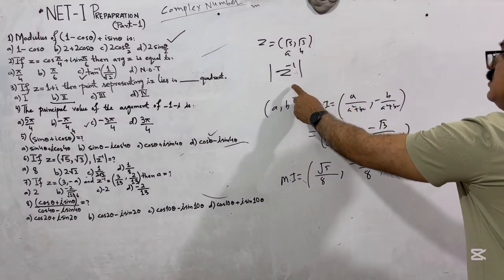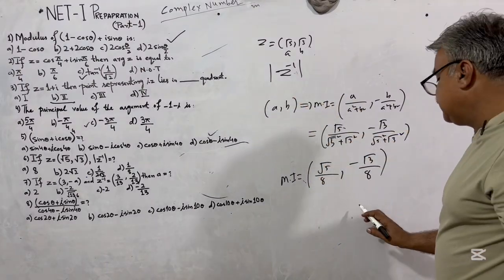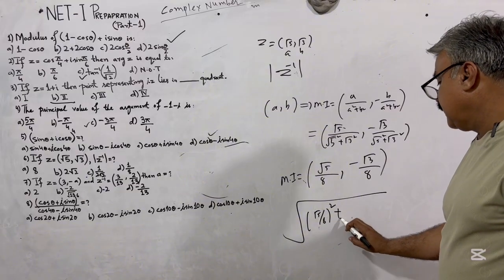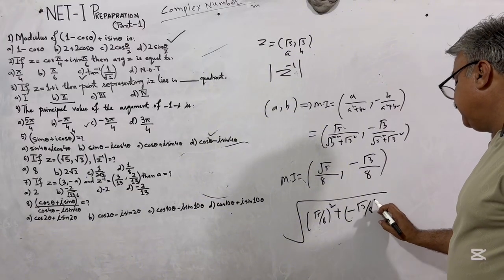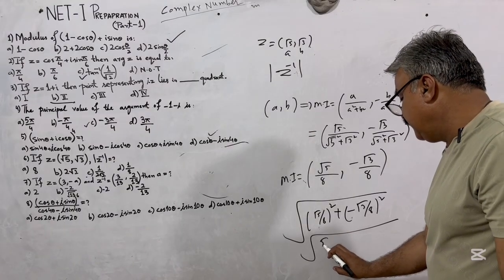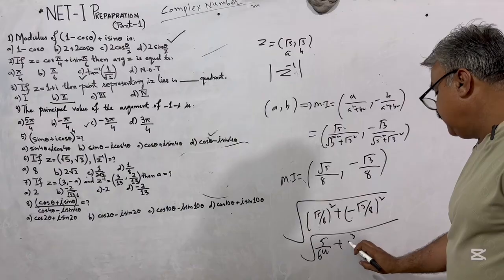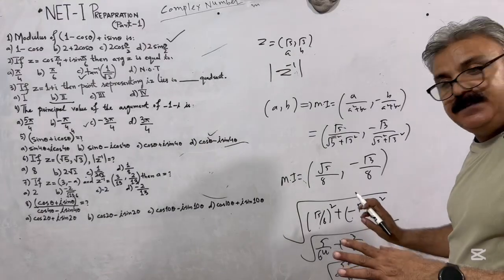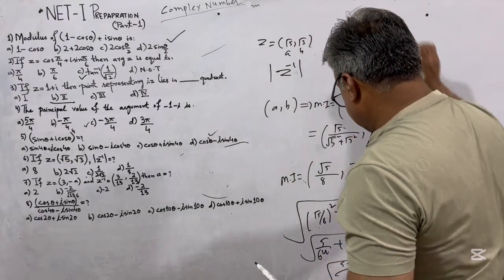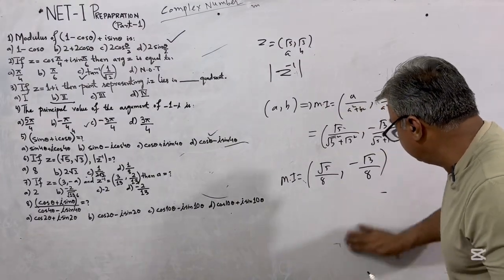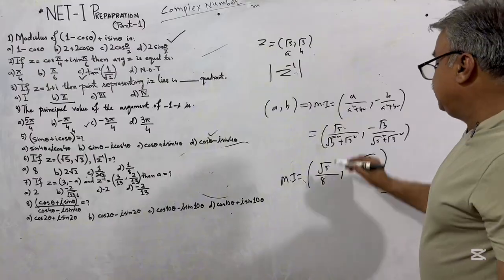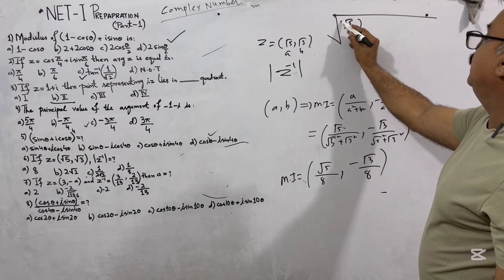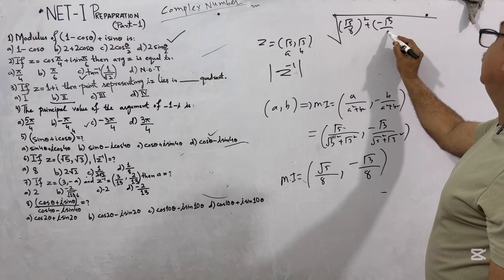We are asked to find its modulus, the magnitude, which is given by the square root of the real part square plus the coefficient of the imaginary part square. Under root, (root 5 over 8) whole square plus (root 3 over 8) whole square.